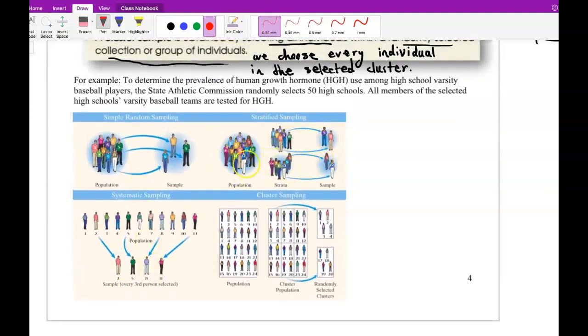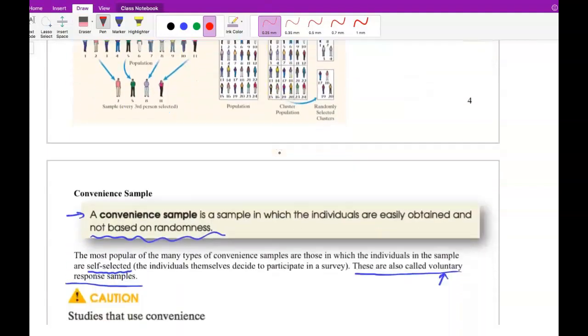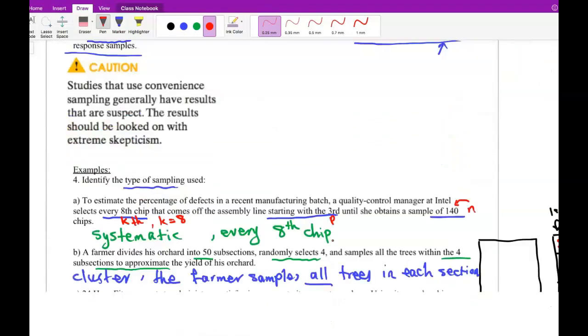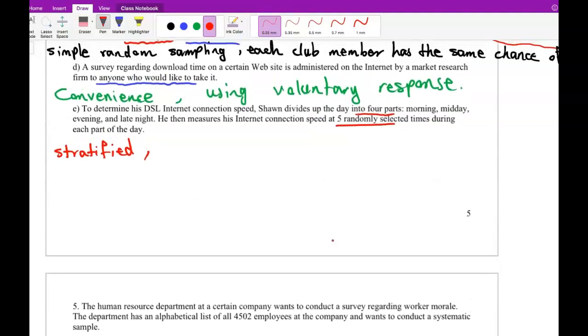Here we have this one. First he had the population, then dividing each day into groups to have strata, then from each one selecting a sample. So dividing into 4 parts, this is strata.